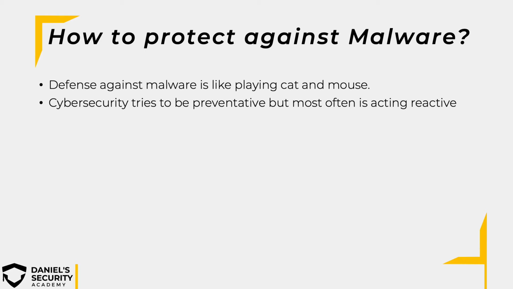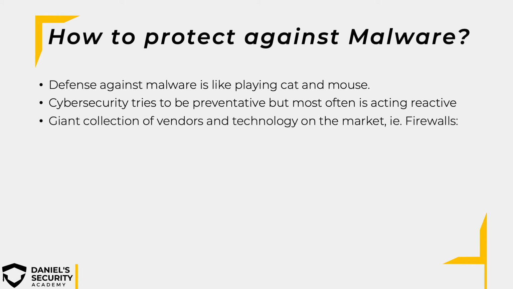Hackers come up with a new type of malware or a new pattern or a new approach, and cybersecurity needs to react quickly to this new approach because it was not known before or wasn't thought of before. So it's most often a reactive thing.